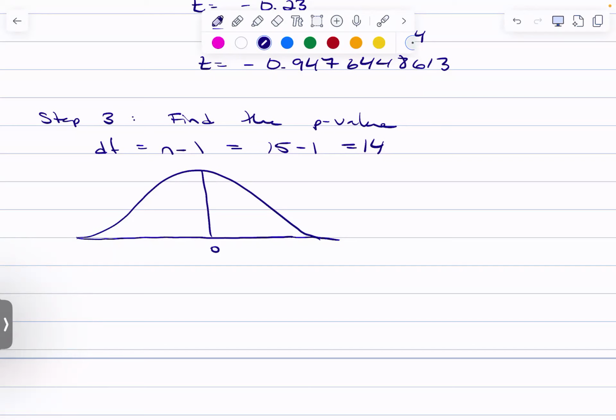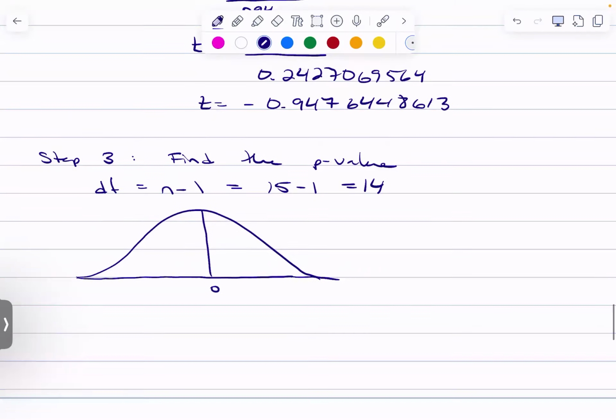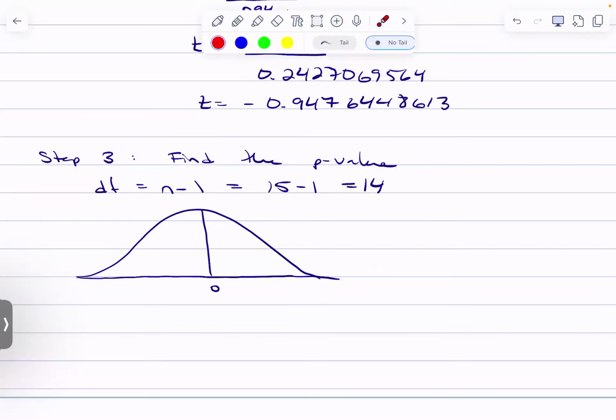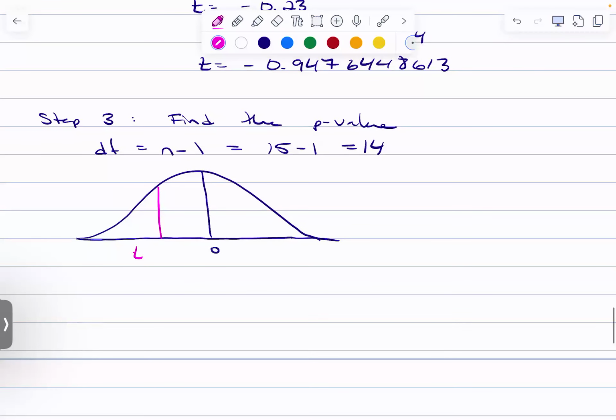T is still centered on 0. And we found our calculated t is negative 0.9476. Let's do 4 decimal places. So here, negative 0.9476. There.